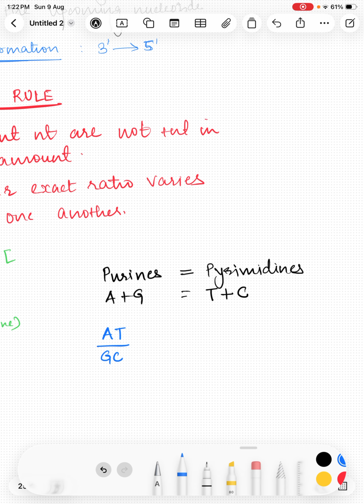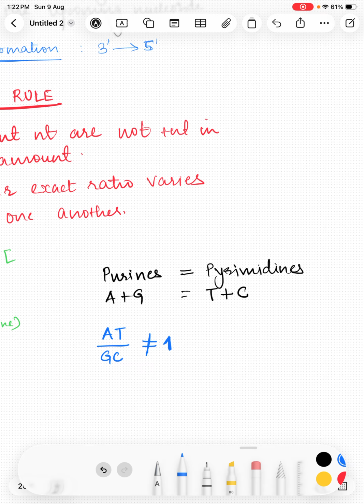Sometimes number of AT are higher in case of humans because there are repetitive sequence in humans. But in case of bacteria, GC content is higher. So AT and GC ratio is not same.